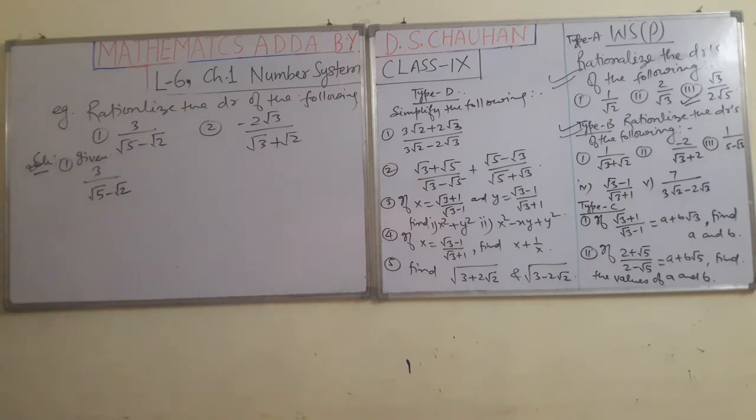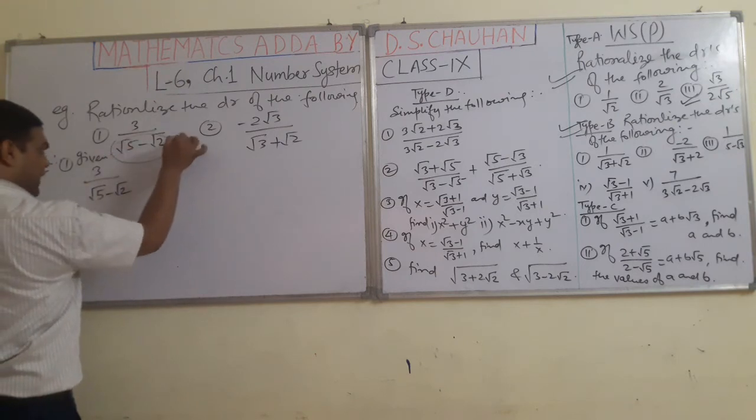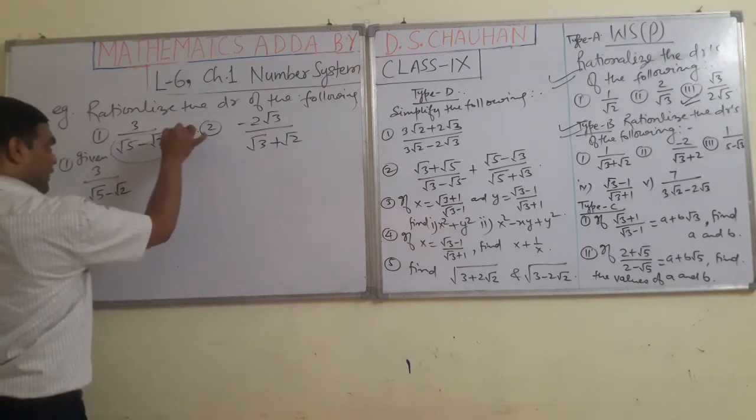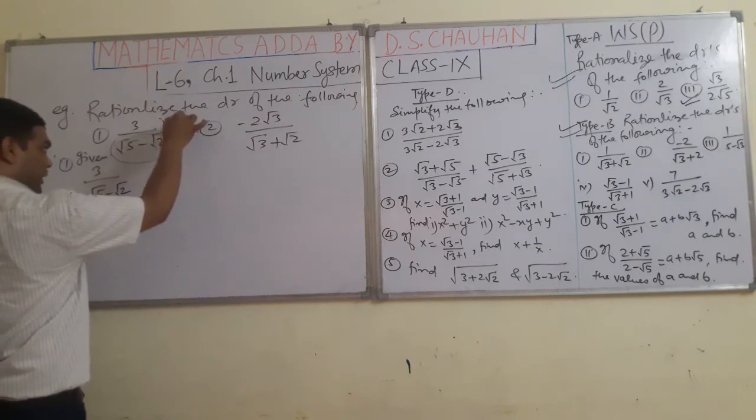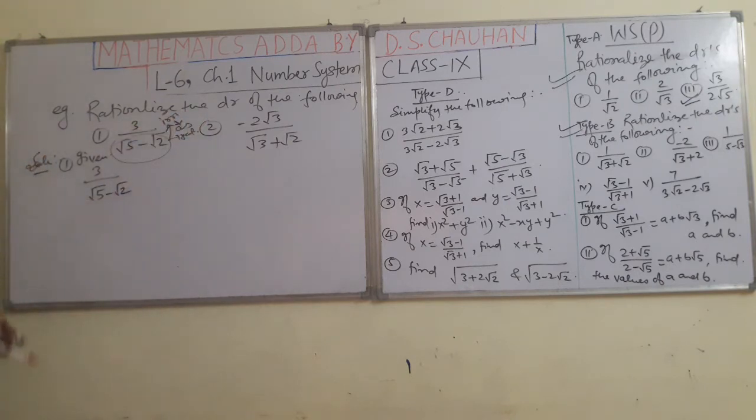We have to rationalize the denominator, which means we have to make this irrational number rational. Now it is irrational, we have to convert it to rational. How can we convert? In such cases, go through with the help of conjugate multiplication.